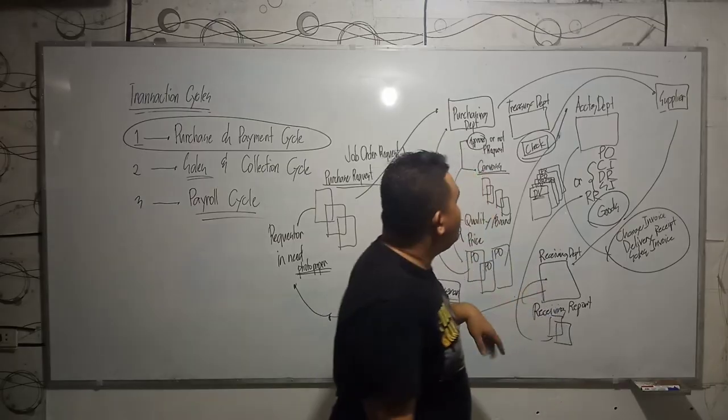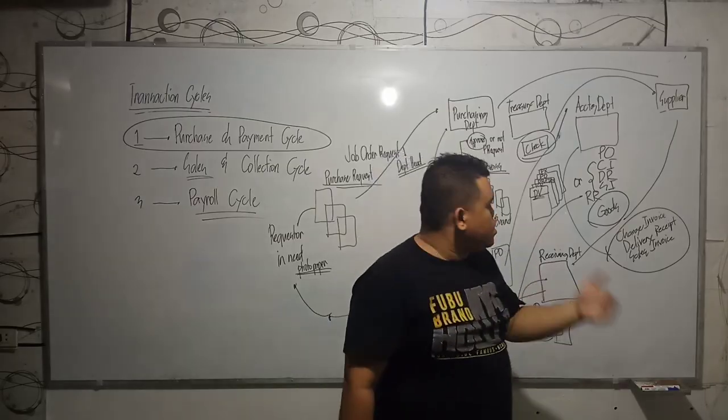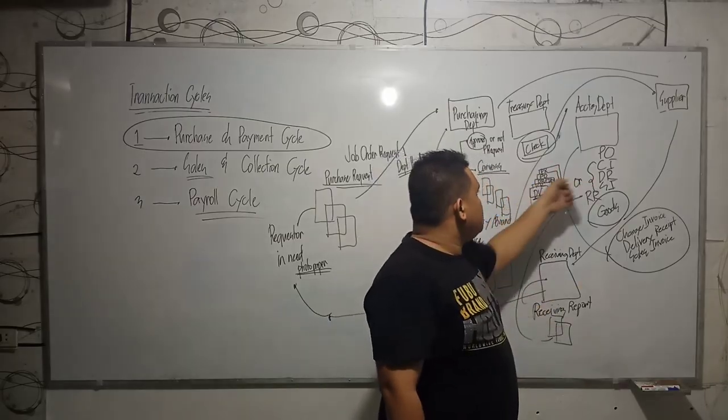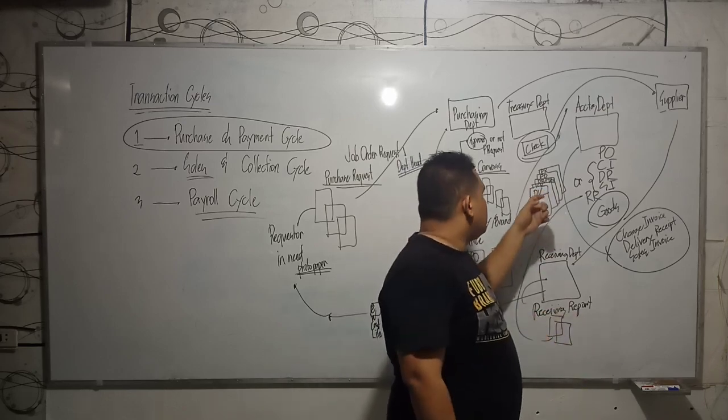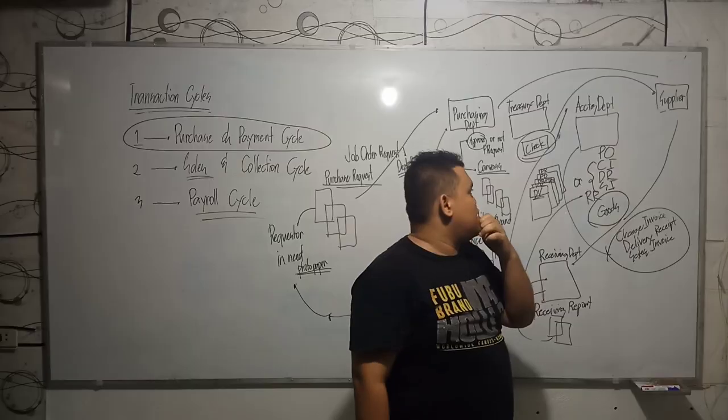And as to payment, normally if everything is already good, then the accounting department will make a disbursement voucher. It's an order to print checks already.